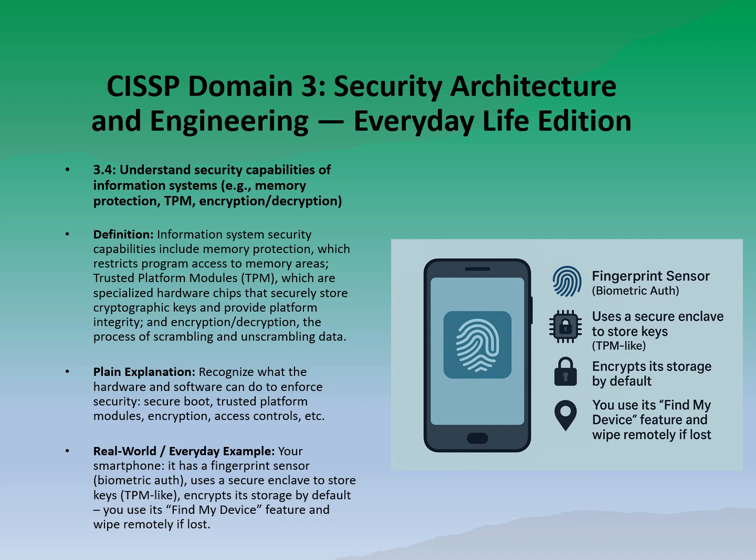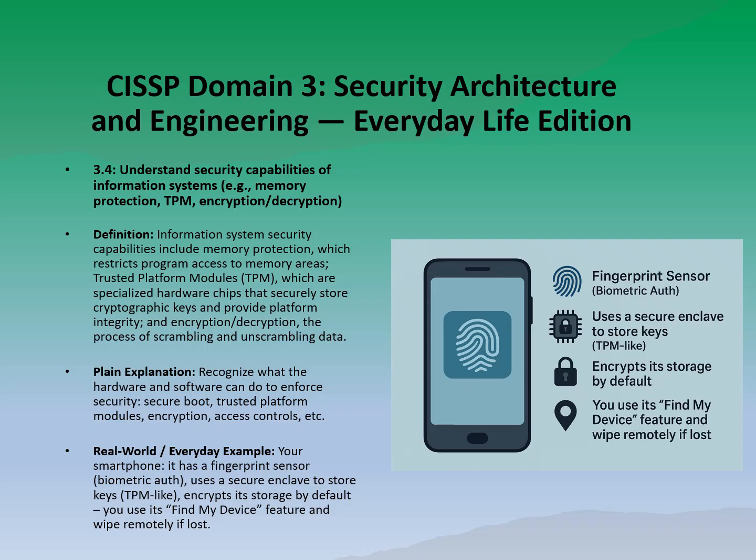Encryption scrambles data so only authorized users can read it. Your smartphone is a perfect example. It encrypts storage by default, uses a secure enclave to store keys, and lets you wipe it remotely if lost. These are unsung heroes of security, the quiet technologies working behind the scenes to protect you.